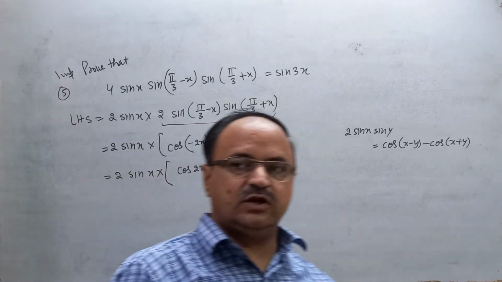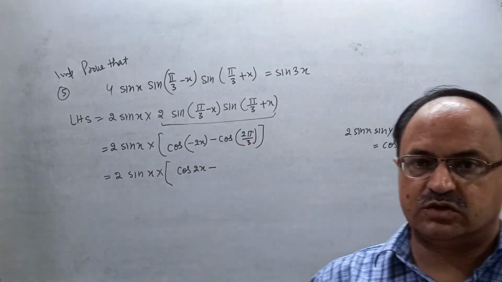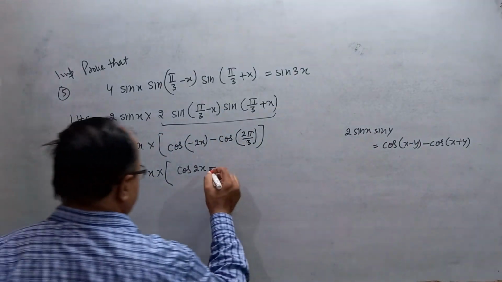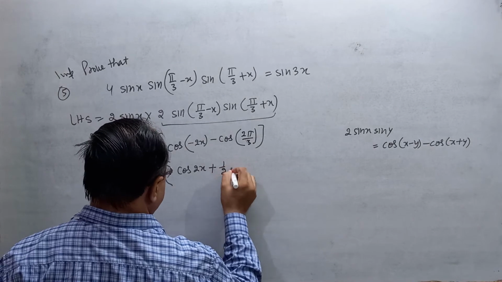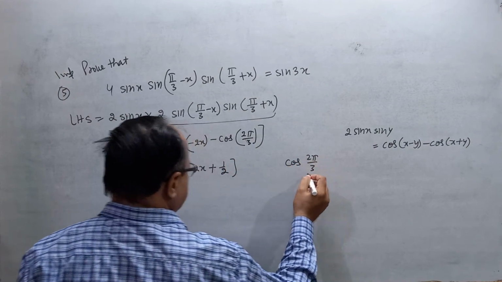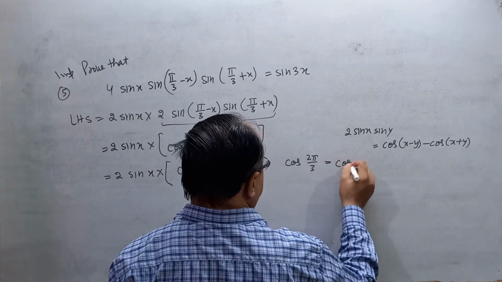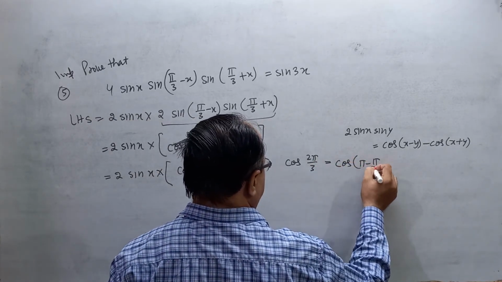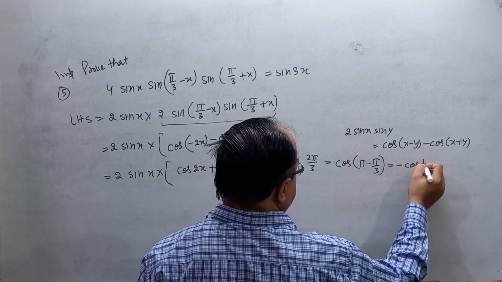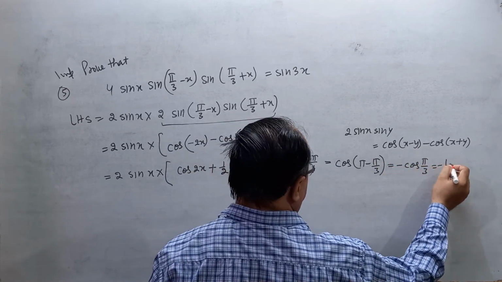Now can you tell me the value of cos 120? The cos 120 is minus 1 by 2, so it will become plus. We told you that cos 2 pi by 3 can be written as cos (pi minus pi by 3), that is minus cos pi by 3, minus 1 by 2.